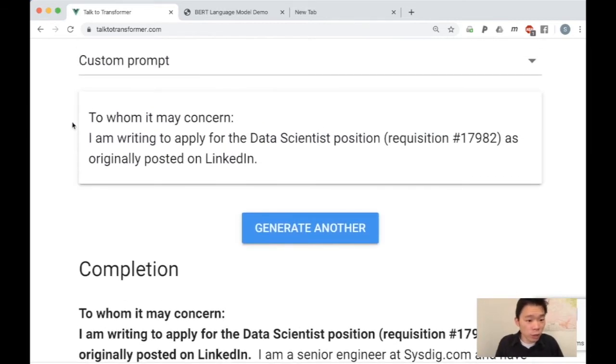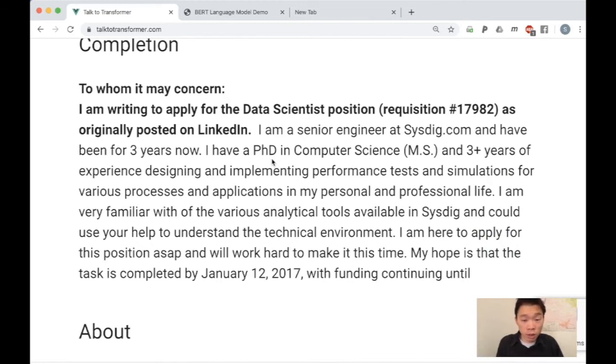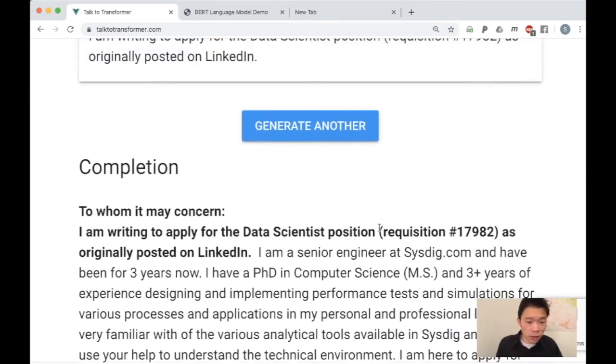That's kind of what I was writing here, a job application cover letter, how you start something to say, I want this job. And then it starts talking about the qualifications. And look at this, it even says sysdig.com, this is where I work, and it refers back to that same company name. So this is pretty amazing kind of generation.